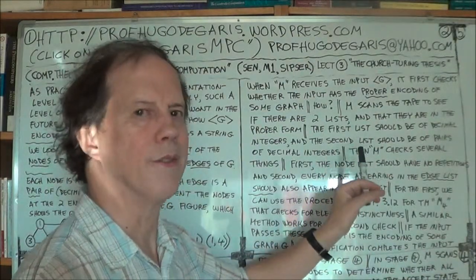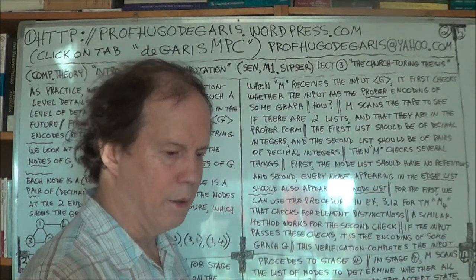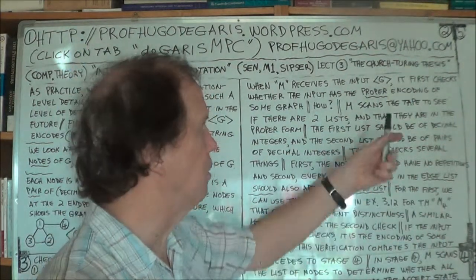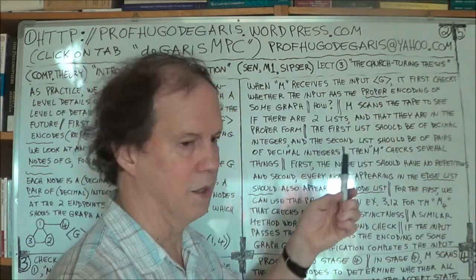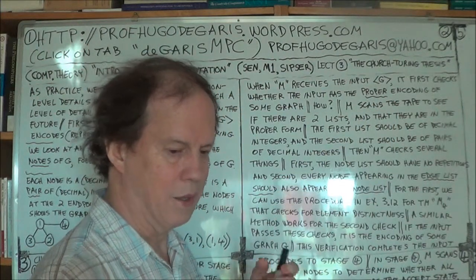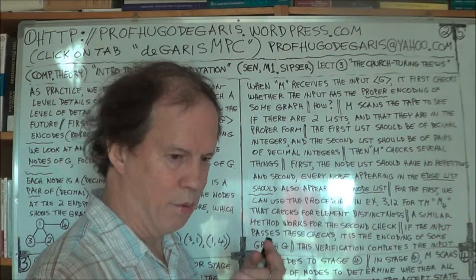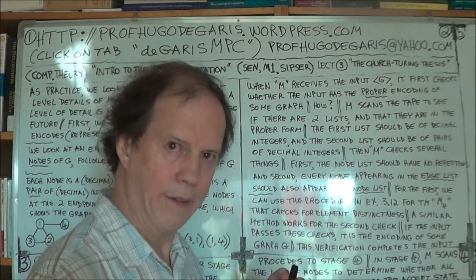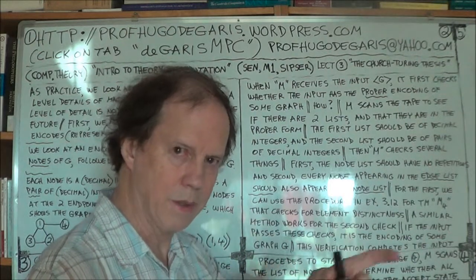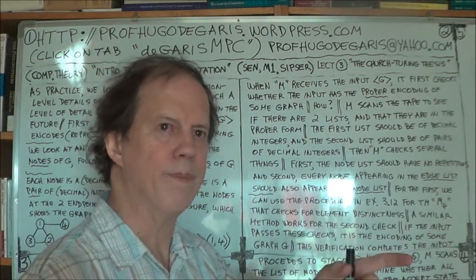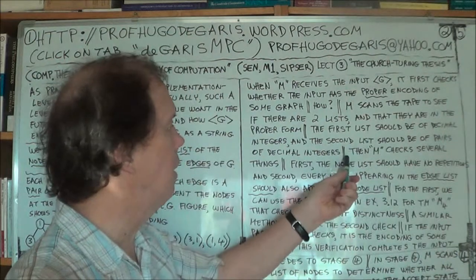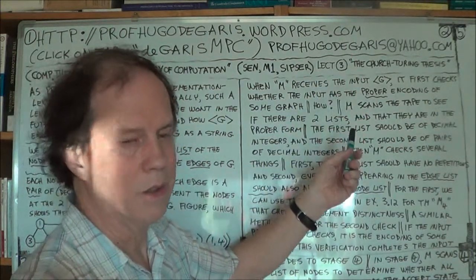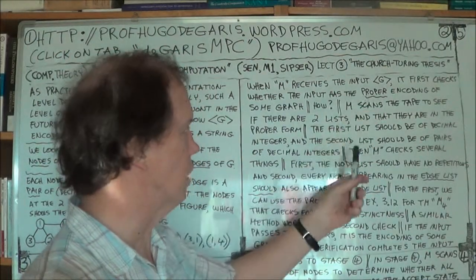I mean, there are no errors. The representation is correct. In other words, this is a correct, proper representation of a graph, and it has the two lists, and the lists are of the appropriate format, and so on. Let's assume everything's okay. If not, immediately reject the string.